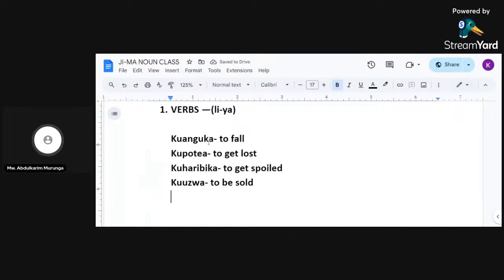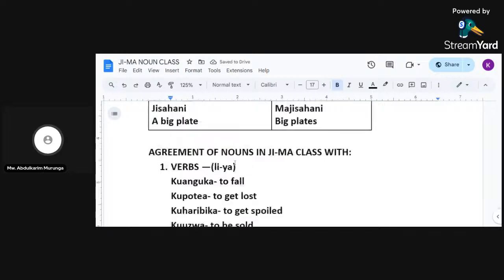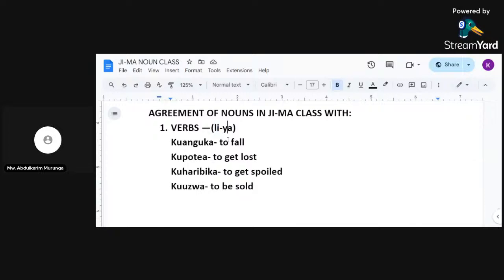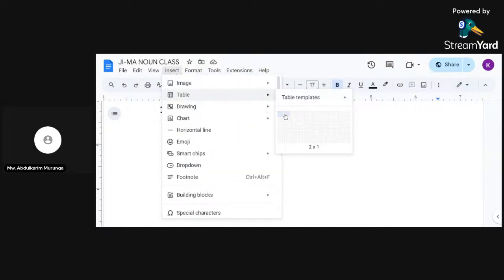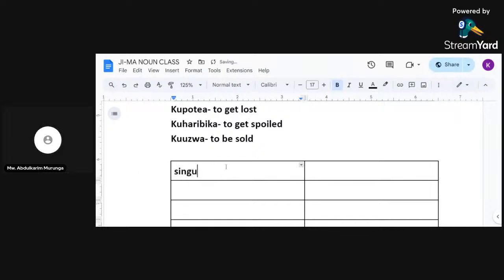We will try to make sentences with these verbs using the nouns in the Gma class. We say the nouns agree with li in singular form and ya in plural form. Okay, so I'll put a small table here. Singular and plural form.